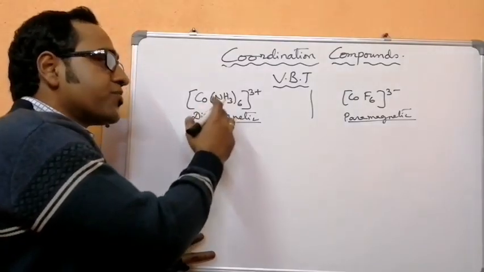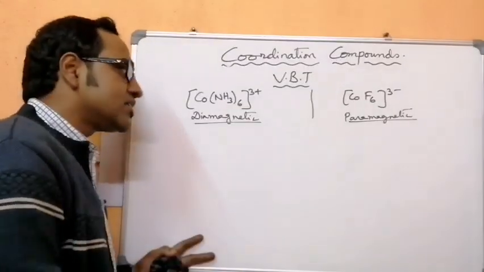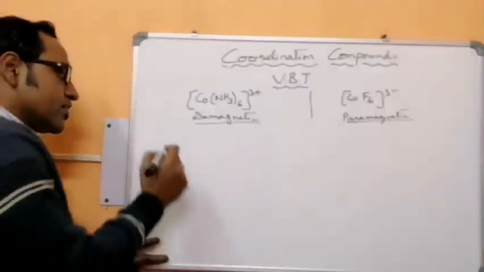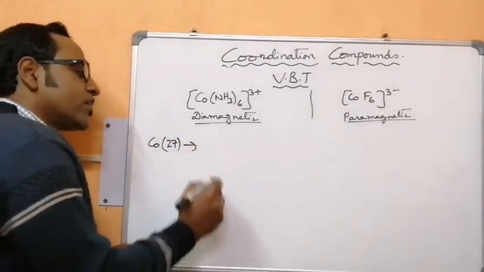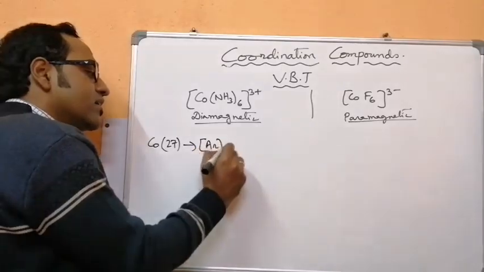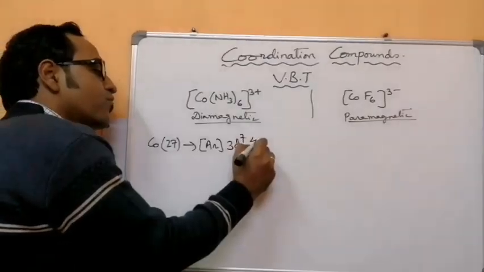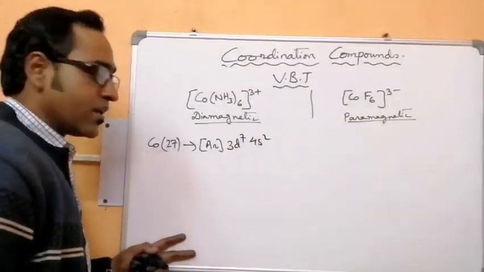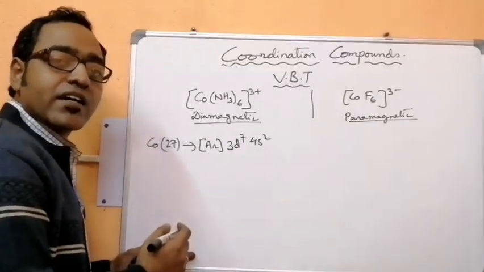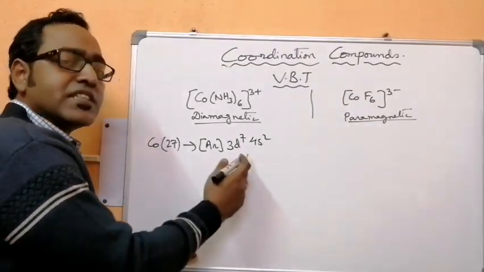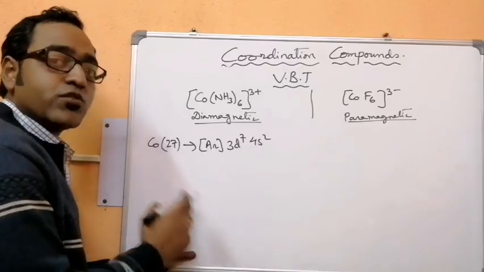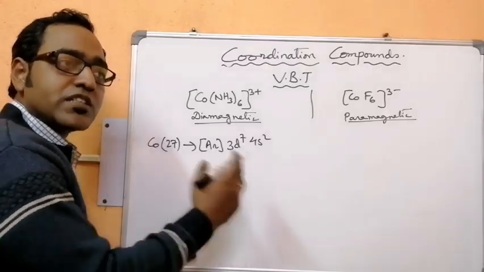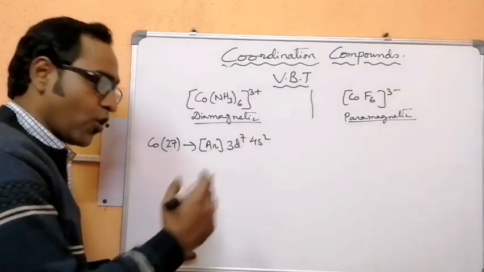So let's start with the first compound, [Co(NH3)6] 3 plus. The atomic number of cobalt is 27, so its electronic configuration is argon 3d7 4s2. It's very easy to memorize these configurations: 27 means d7, 26 means d6, 28 means d8, and so on. For 29 there is one exception, it is d10 4s1 for copper.